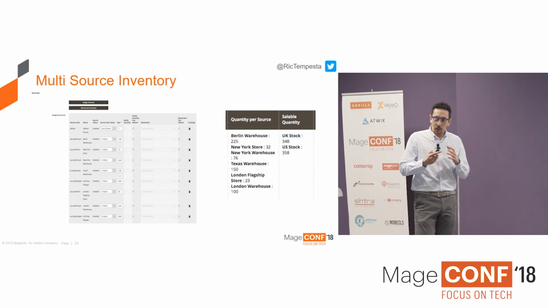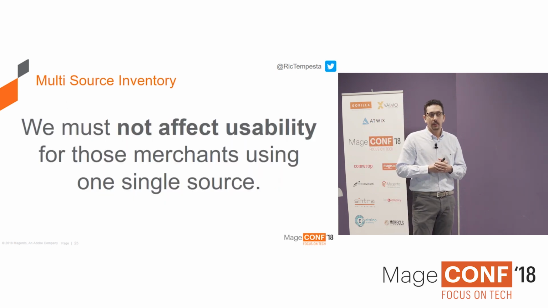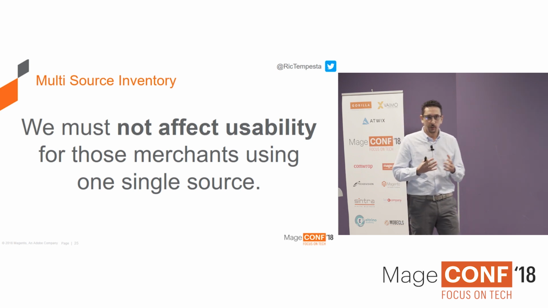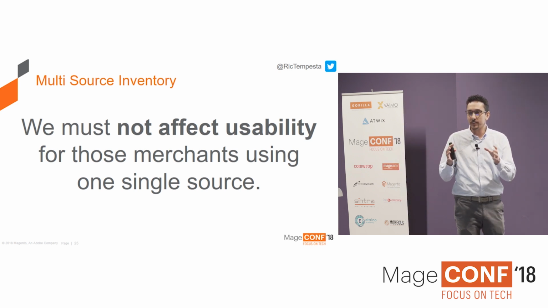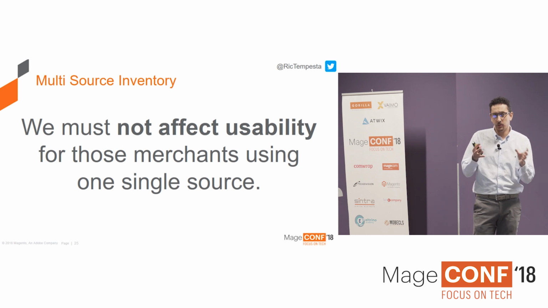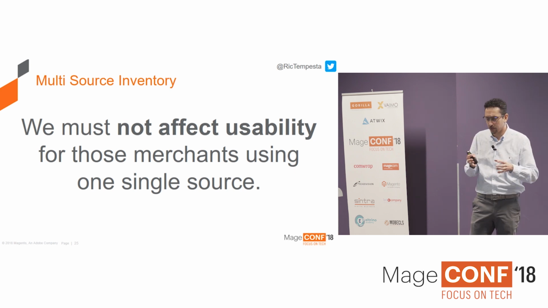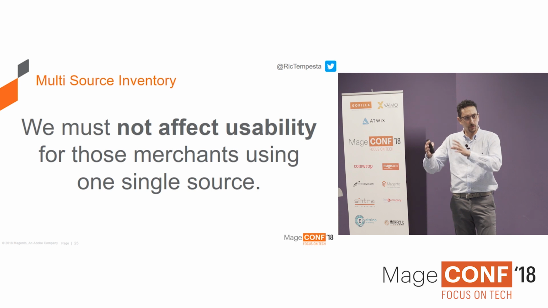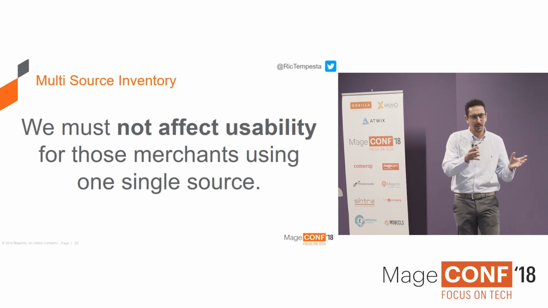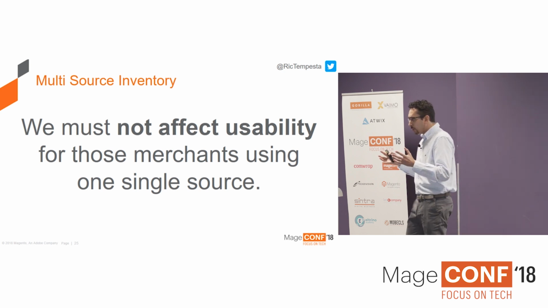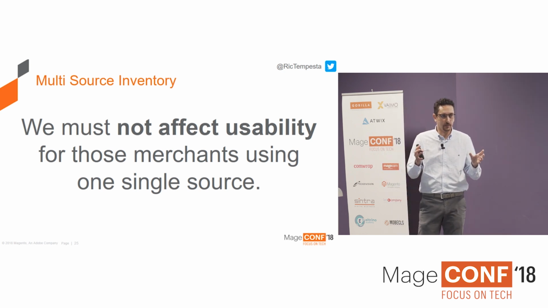So another challenge was not to affect the usability for those merchants that were using one single source. And when I say this, usually people look at me like an alien because, hey, you're talking about multi-source inventory and you can use it in single source mode. So what does it mean? Well, actually, MSI is not only multiple source.